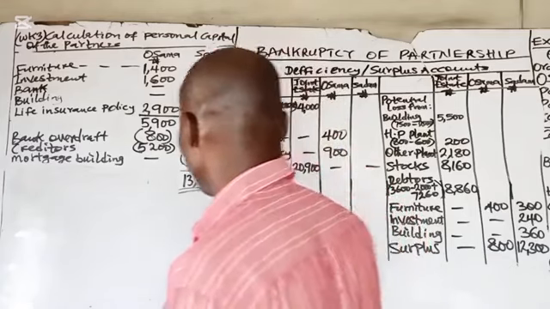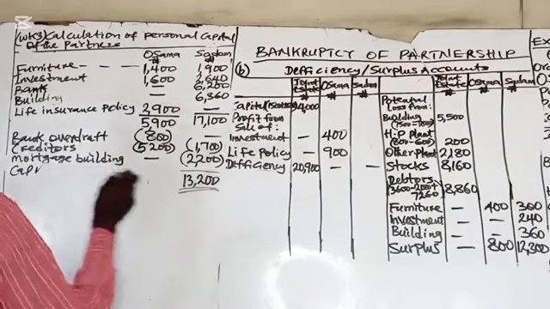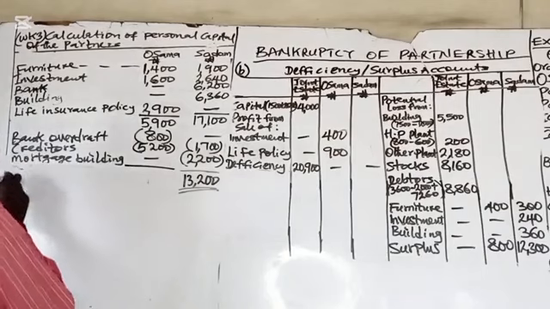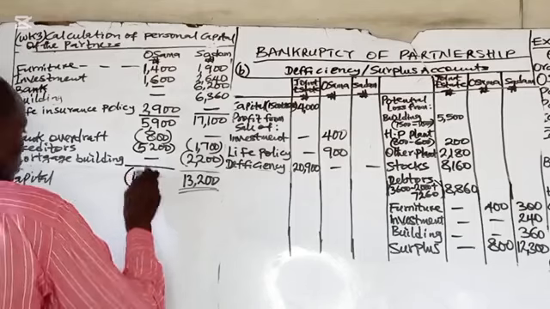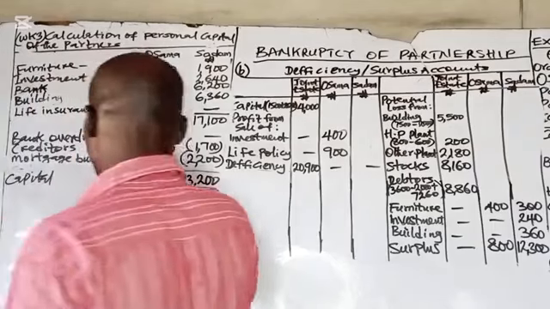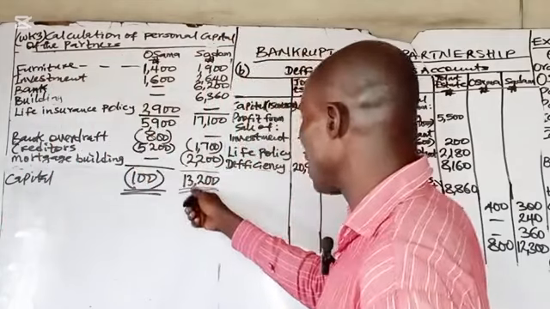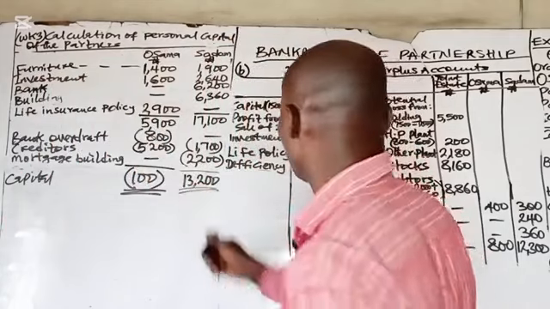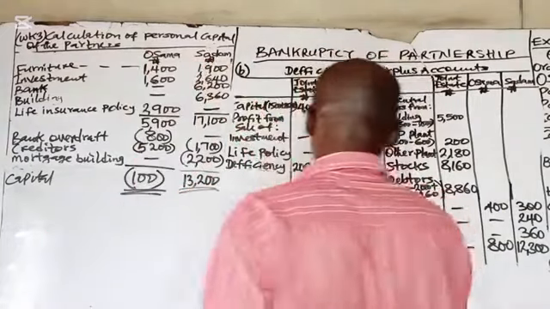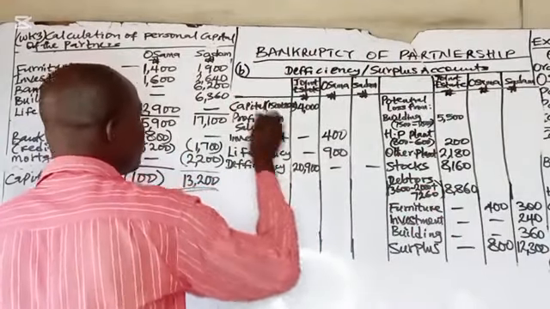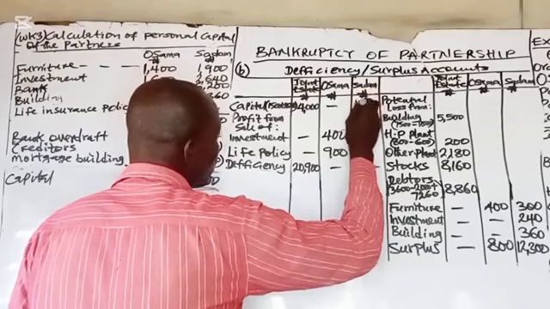You have 100. Capital. This one is negative, minus 100. That means you have excess of liabilities over assets here. But here the asset is greater than liabilities, so we have capital. So capital for Saddam is 13,200.